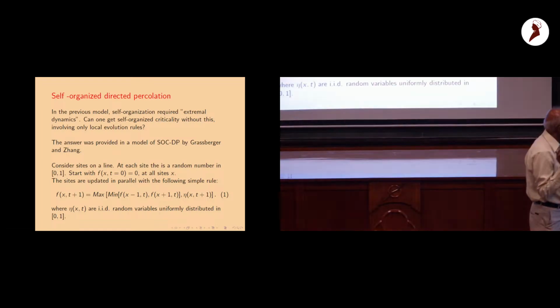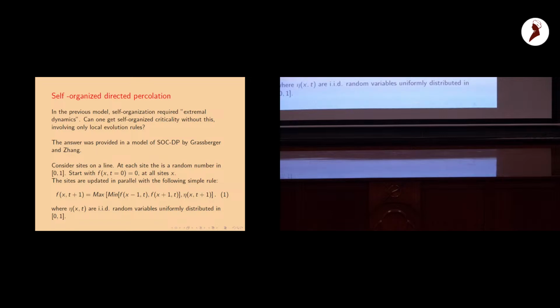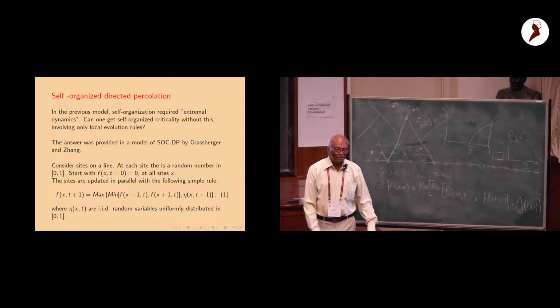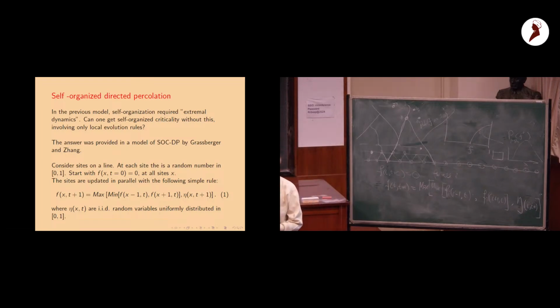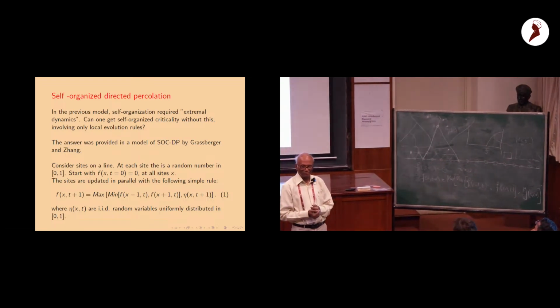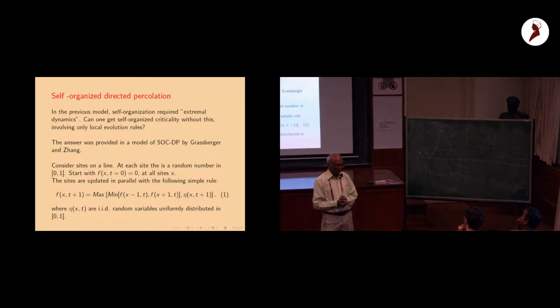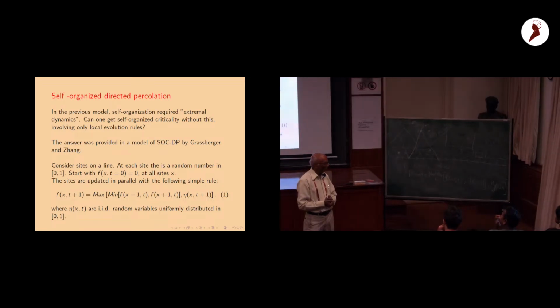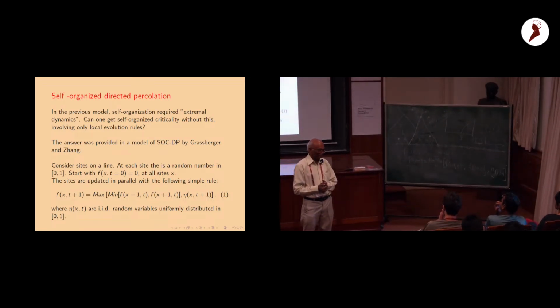So can I get a similar problem, but with undirected percolation? It will organize itself into undirected percolation. We already did it with invasion percolation, but now we are saying we don't want extremal dynamics, we want local dynamics.